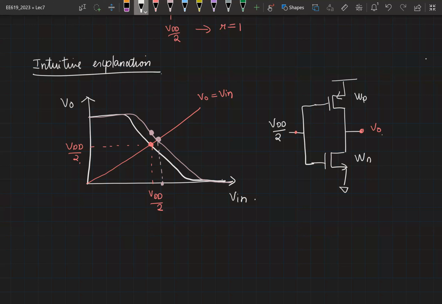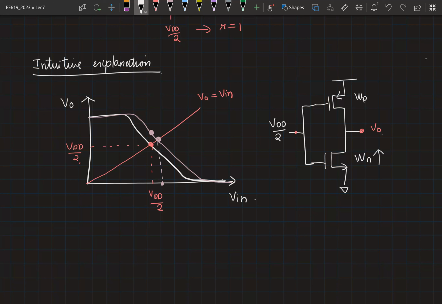Let's say we increase the width of the NMOS transistor. Now the current through the NMOS has increased. Current through the PMOS is still remaining same. This is not steady state. To achieve steady state, in what direction should we change? What should happen to the VSD of PMOS and VDS of NMOS?